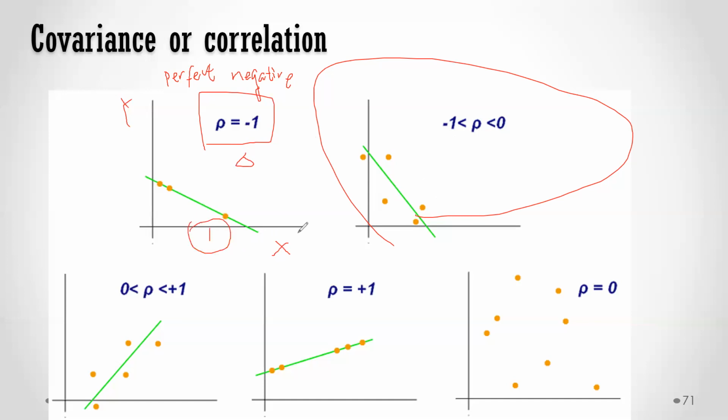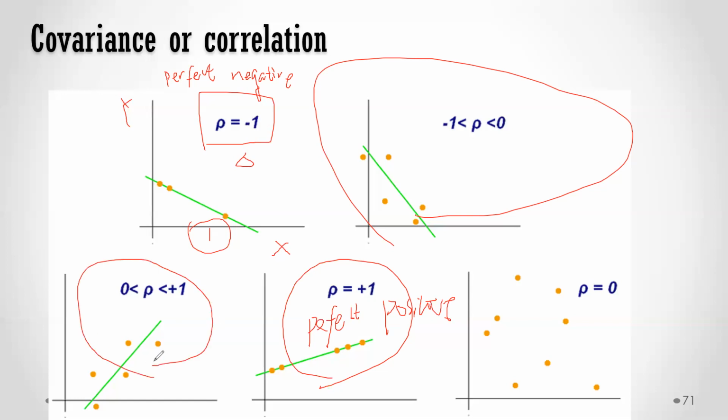Similarly, if this is +1, that means they have a perfect positive relation, a perfect straight line. Perfect positive. And similarly, this is a positive correlation, but it's not so strong if it ranges between 0 and 1.